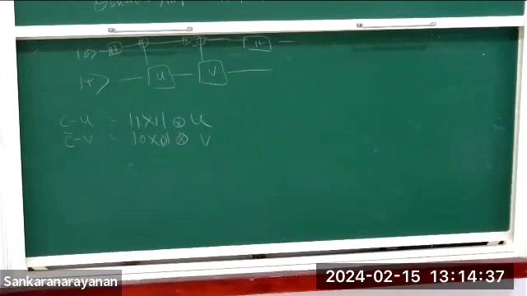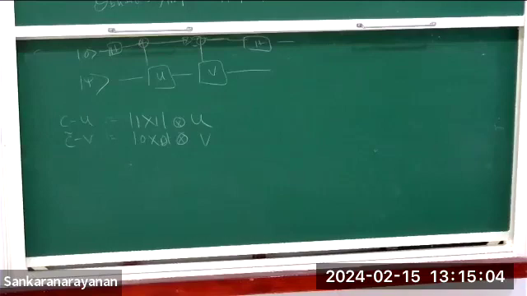Now immediately you can see, if I have two block encoded matrices, we can do this LCU. So this is called an LCU, a linear combination of unitaries.